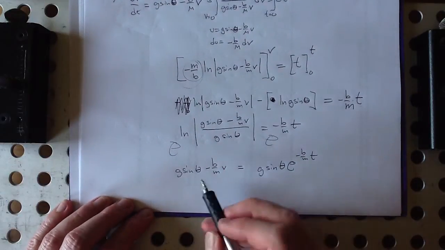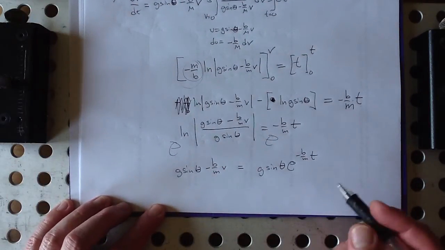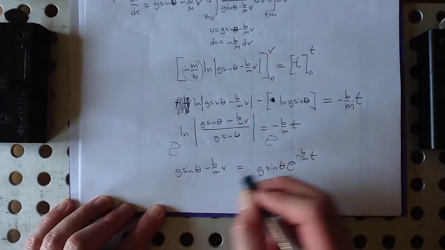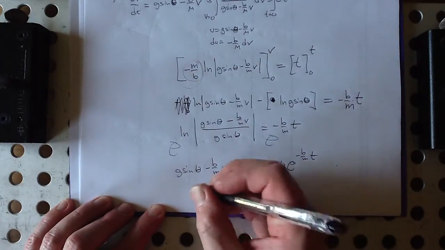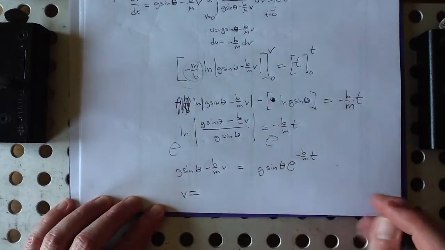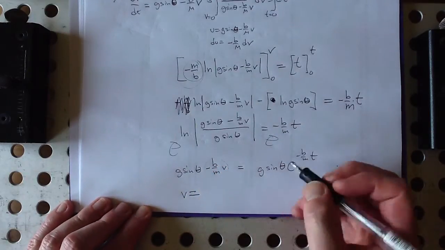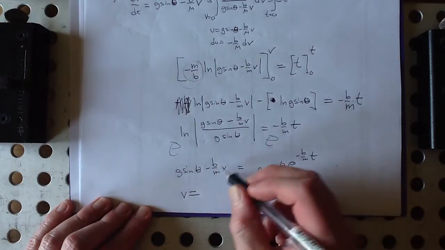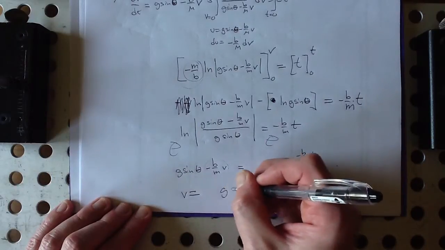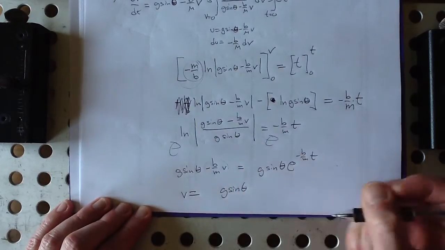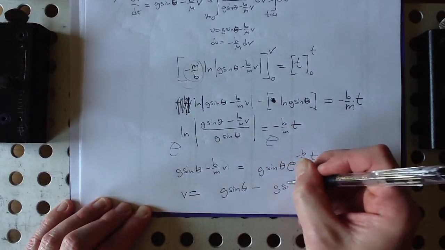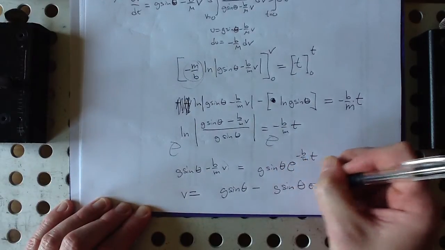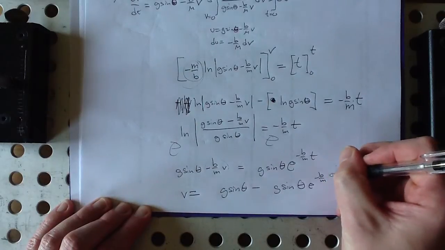And moving things around a little bit, moving this over to this side, subtracting this, I would have b over m v is equal to, I moved this over here, so let's see, it would be g sine theta minus g sine theta e to the minus b over m t.